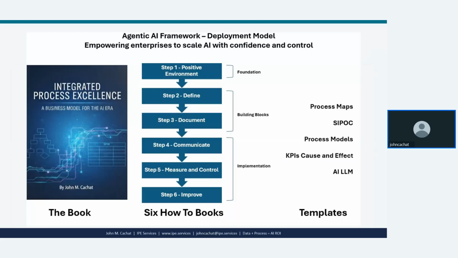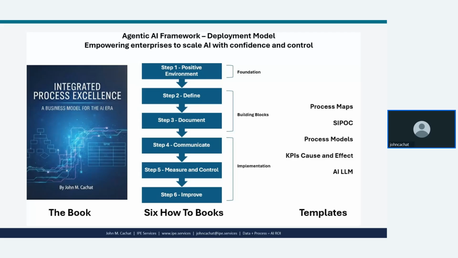IPE, just a quick view of it. It's a six-step process. It was developed a long time ago with one of my customers and was very valid back then. But why I'm so excited about how it applies to AI today is that back then, all this information had to be put into a relational database.